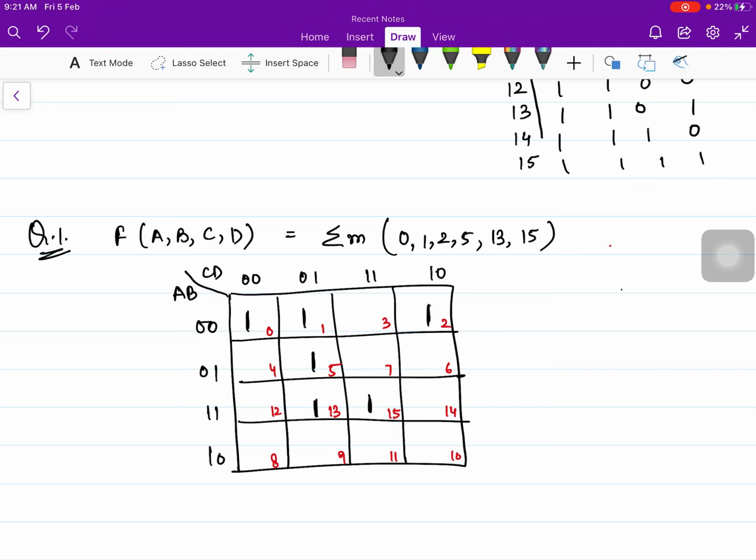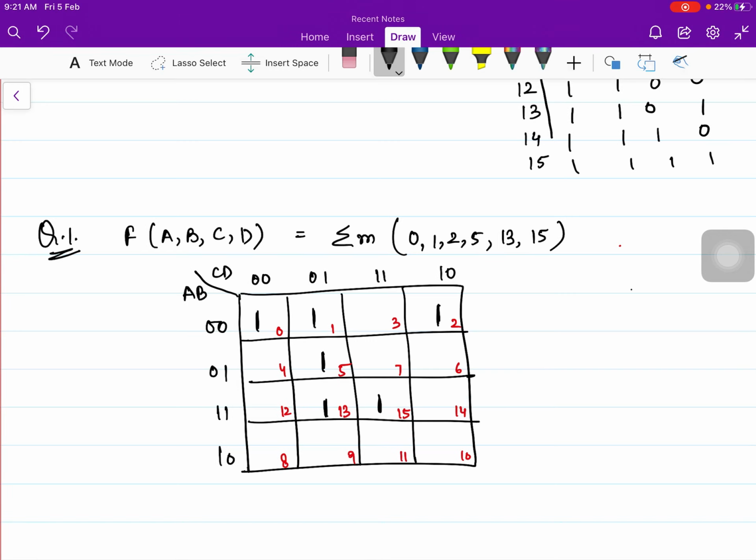Okay. Now let us make a group. See, the block 2 one can be grouped only with this corner 1. The concept of corners also we have discussed in the previous lecture. Please refer to the previous lecture, don't go on to this lecture directly. For 4 variables, please refer to the 3-variable K-map as well, because there you will find many of the concepts and it will be more clear to you.